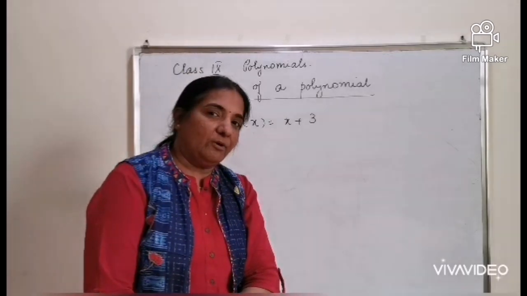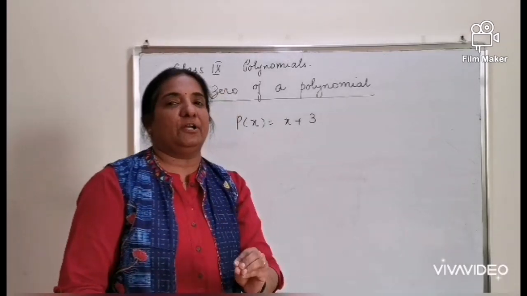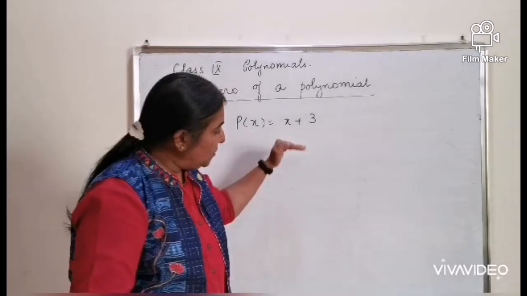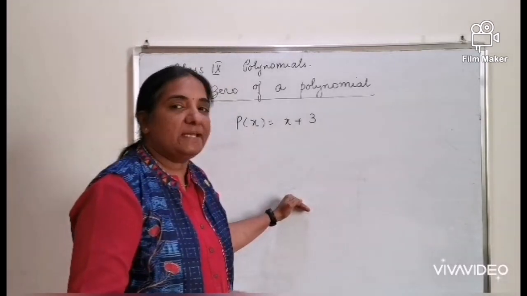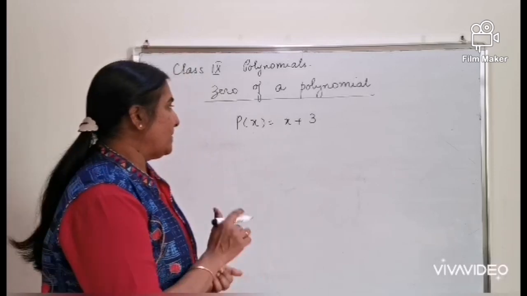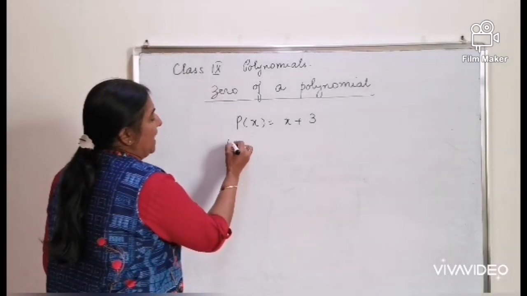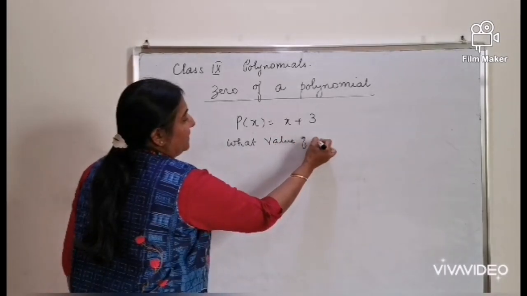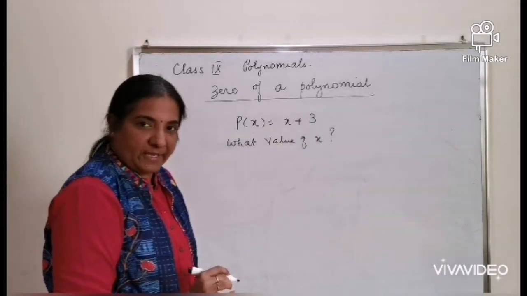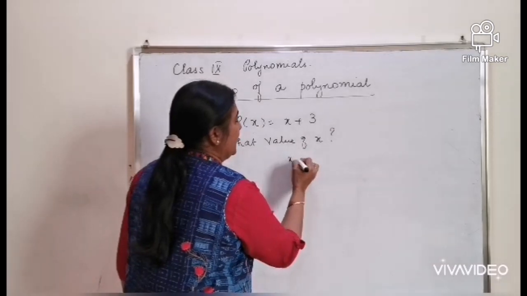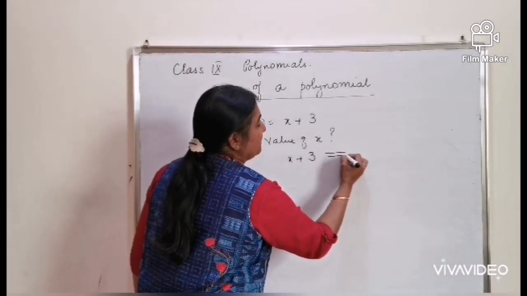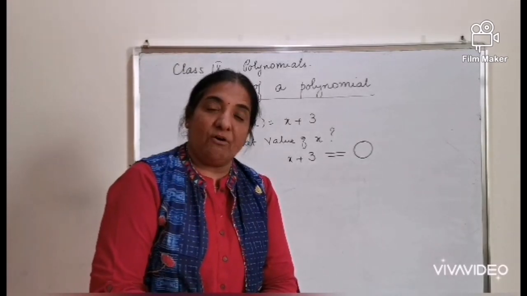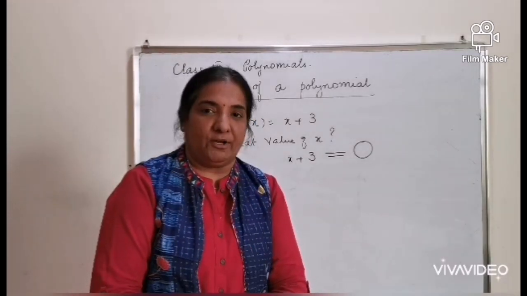A zero polynomial means the value of the polynomial should be 0. The answer you get should be 0. So the question is, what value of x will make x plus 3 a zero polynomial? That is the meaning of zero of a polynomial.